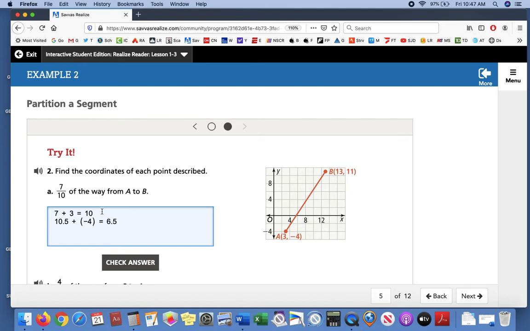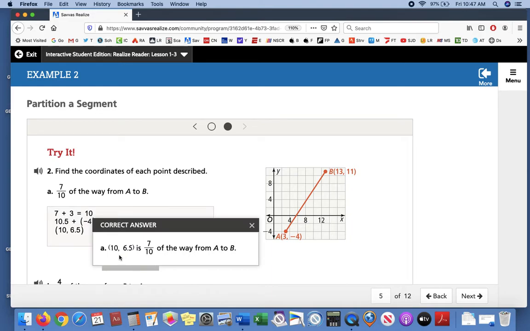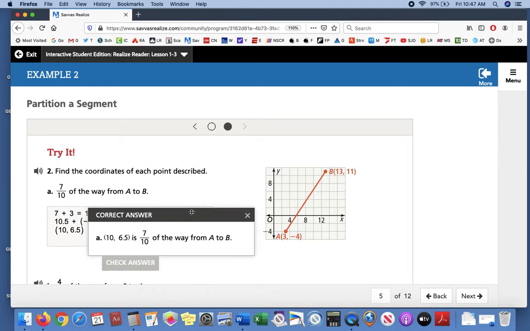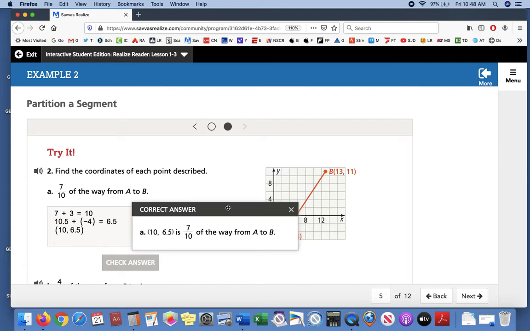This is the x coordinate, this is the y coordinate, so for my final answer I need to write it nice and neat, like a point with the coordinates 10, 6.5. Hopefully that's the right answer. 10, 6.5. Correct. Feeling good.